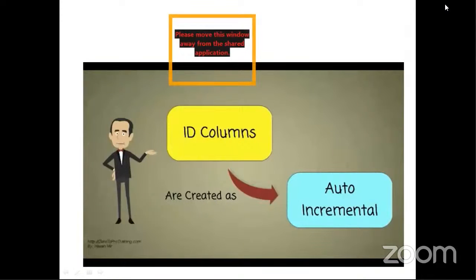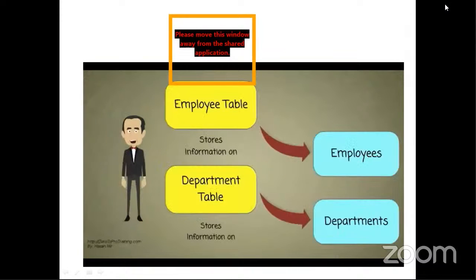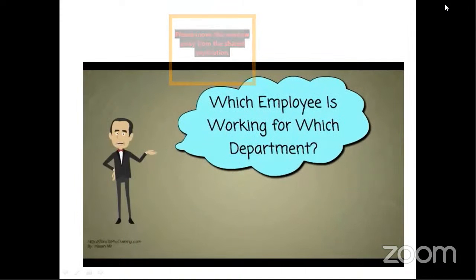Usually, ID columns are created as auto-incremental, meaning numbers are automatically generated in the columns. The employee table is storing information on employees, and the department table is storing information on departments. Where are we storing information on which employee is working for which department?